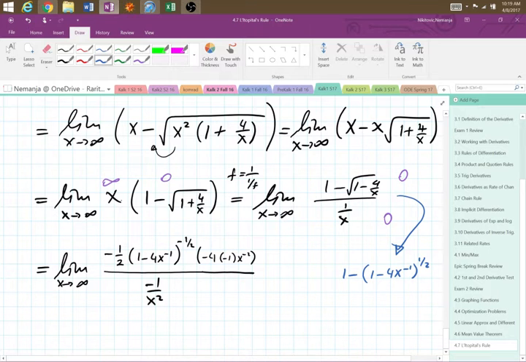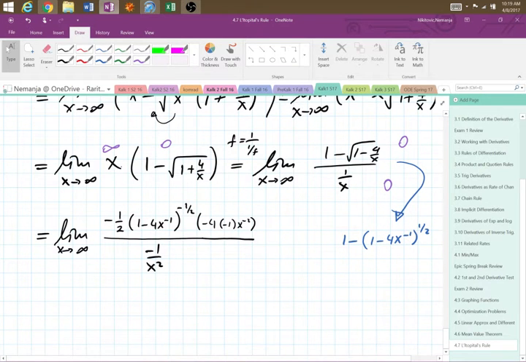So now we can clear some stuff up, simplify it. So these negatives drop.